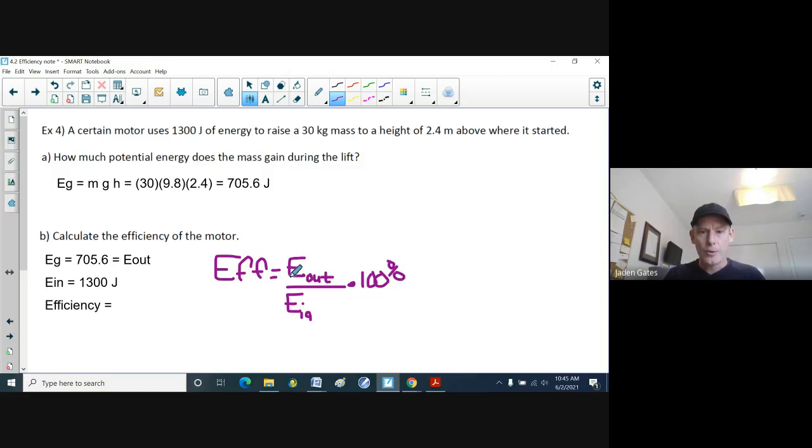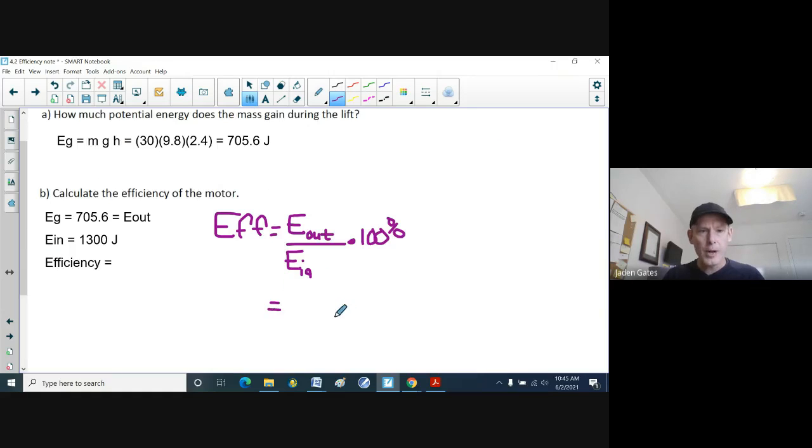When I plug these numbers in, the output resulted in this thing gaining gravitational potential energy, so 705.6 joules, divided by 1,300.